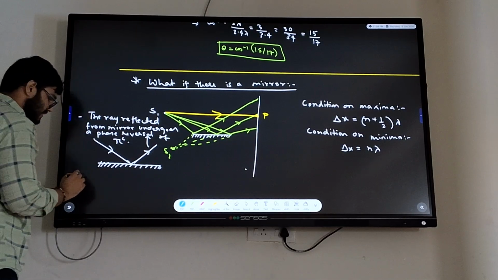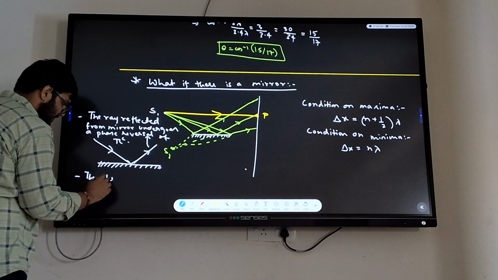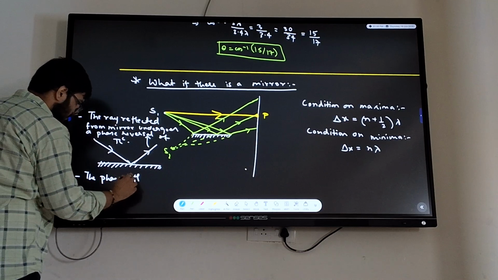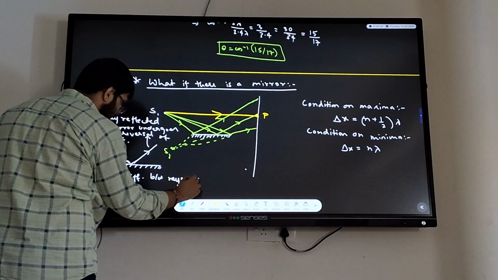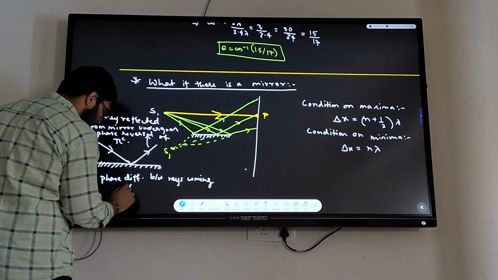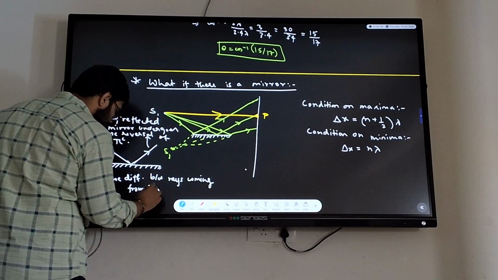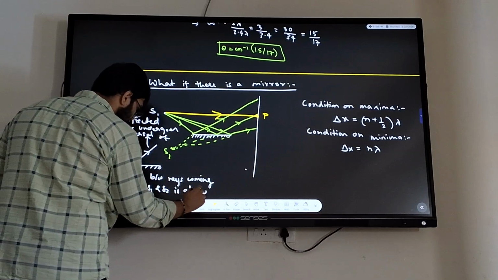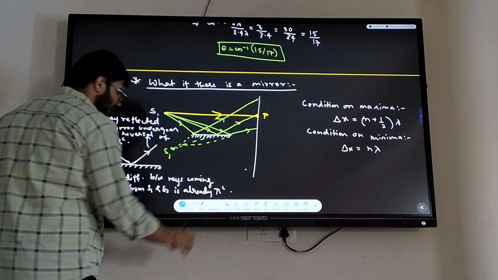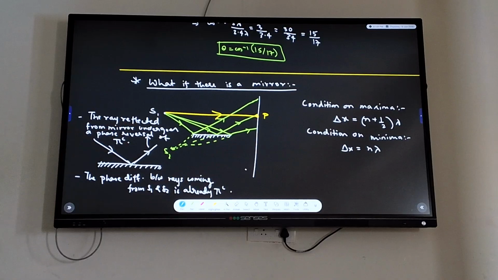Yes, then the phase difference between rays coming from S1 and S2 is already pi radians, and that's why the conditions get interchanged. Do you understand this?